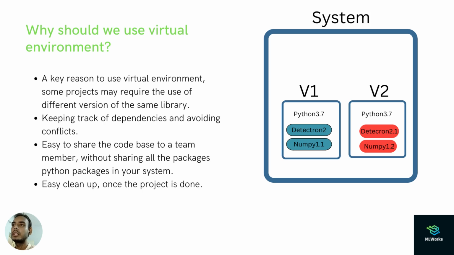Once you are completely done with your experiment and moving out of this project, you can create a requirements.txt file, which keeps track of all the libraries installed inside your virtual environment. You can share it with a new team member, and he can just install the requirements of that project or experiment and easily run it.